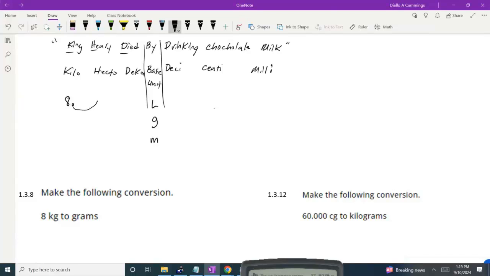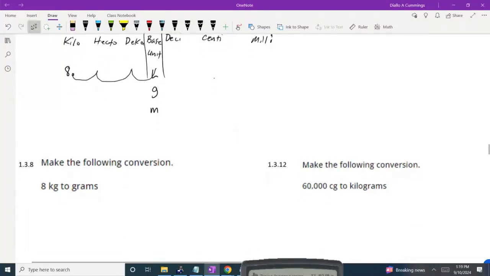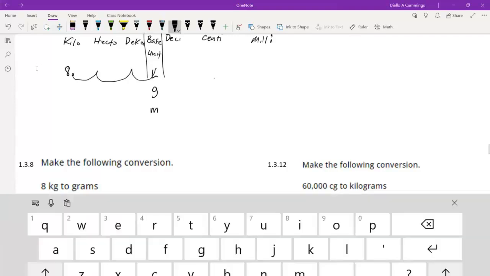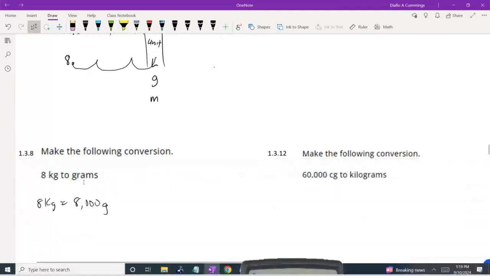So I have to move it once, I'm at hecto. If I move it twice, I'm at deca. If I move it again, I'm at my base unit, which is gram. So to 8, I must add 3 zeros. So 8 kilograms is equal to 8,000 grams.